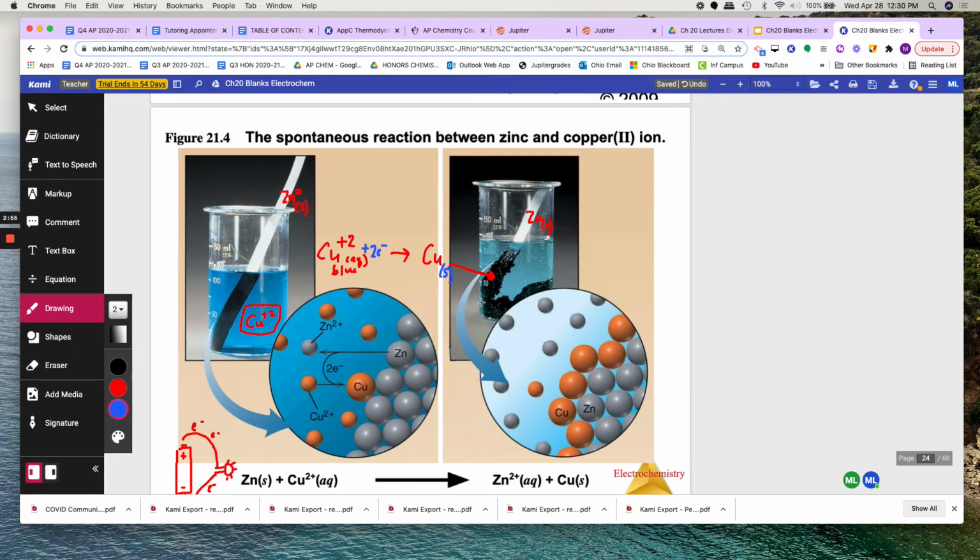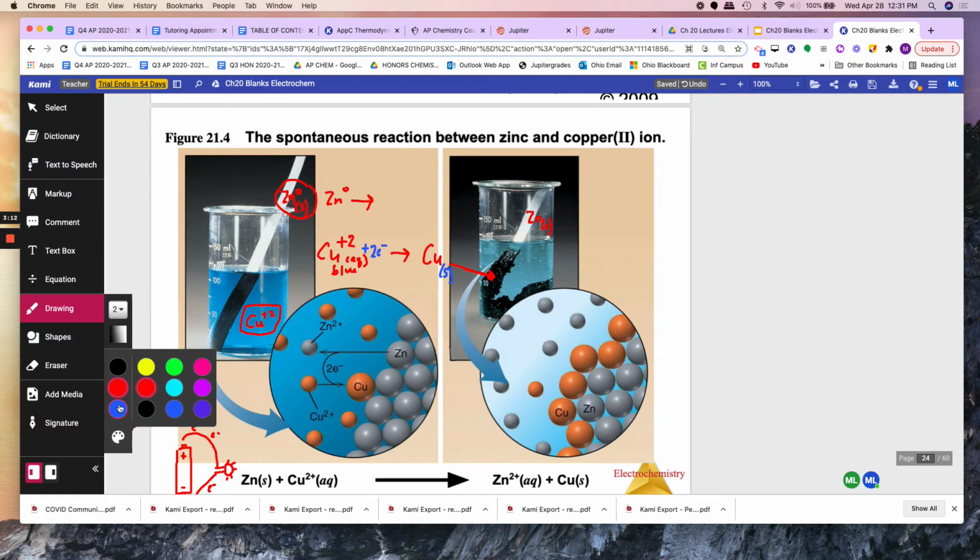Okay, so you can tell the zinc is dissolving, right? Where do you think those 2 electrons are coming from? Okay, so it must be coming from the zinc. The zinc, which has a 0 charge, is giving away 2 electrons, and it becomes zinc +2 as it becomes dissolved.